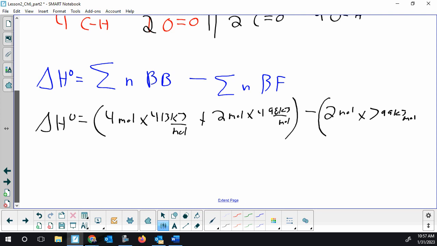And last, we have the water. There are 4 OH bonds between the 2 waters. And like I would have done in calculating enthalpy in Chem 30, I'd throw this all in and do it in one big line on a graphing calculator, and I get minus 818 kilojoules.